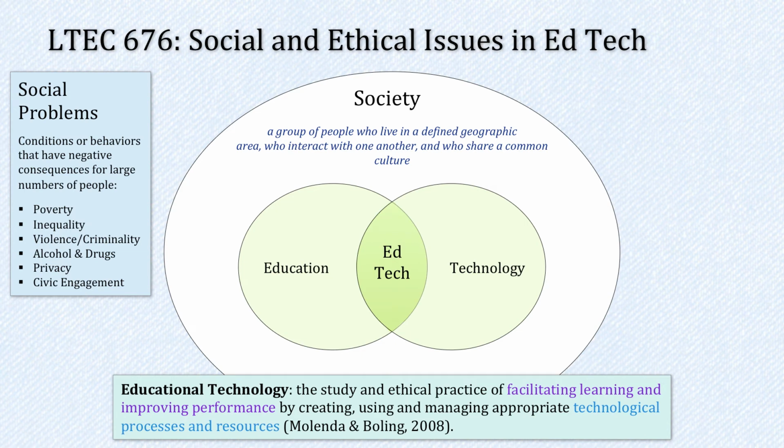Educational technology is defined as the study and ethical practice of facilitating learning and improving performance by creating, using, and managing appropriate technological processes and resources. Notice that I've highlighted two phrases in this definition: technological processes and resources, the what of educational technology, and facilitating learning and improving performance, the why of educational technology.